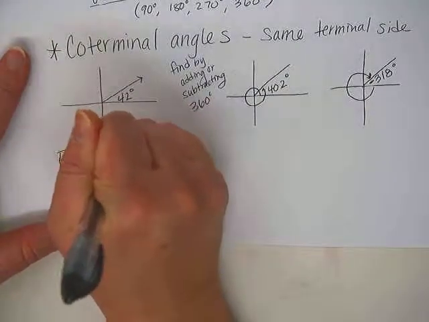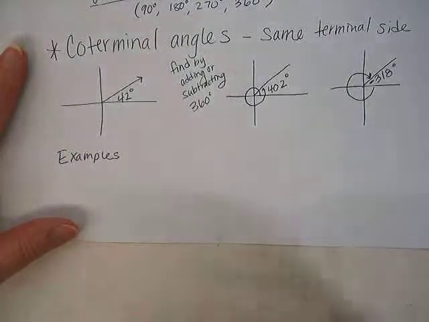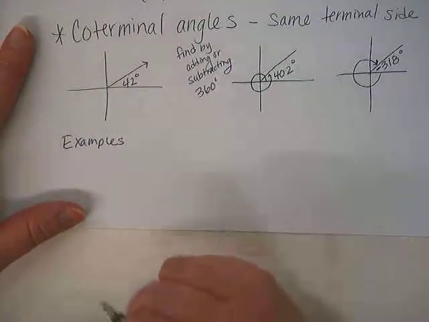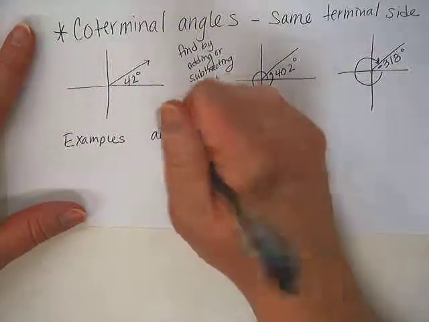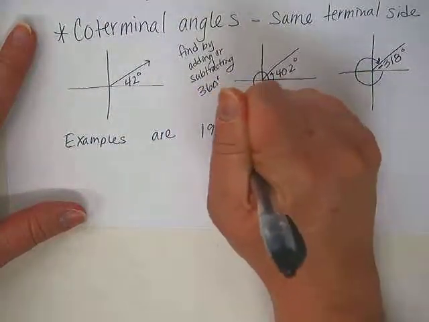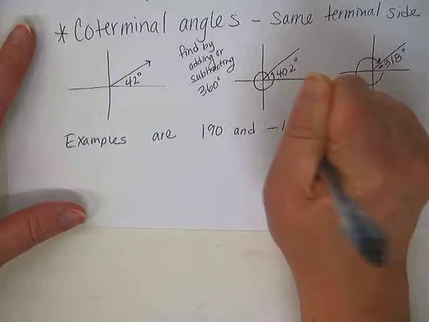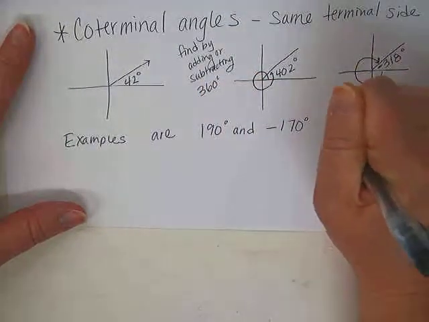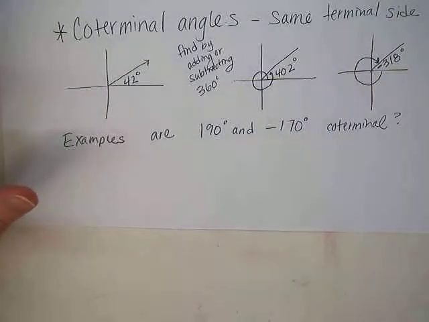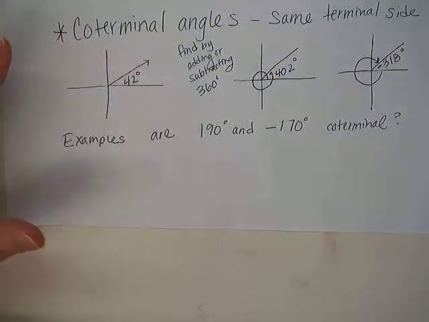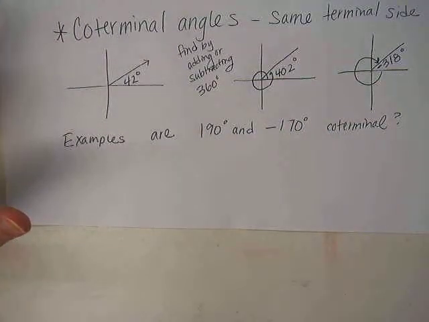Okay, let's do some examples like you're going to see on your homework today. Are the angles 190 and negative 170, are those two angles coterminal? No. How do you figure it out?